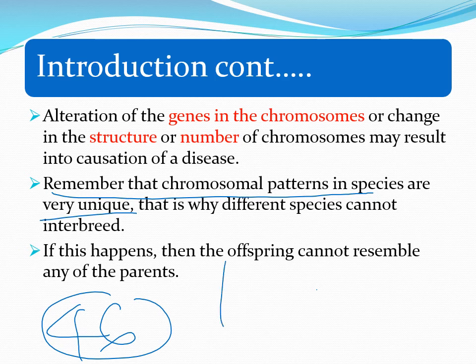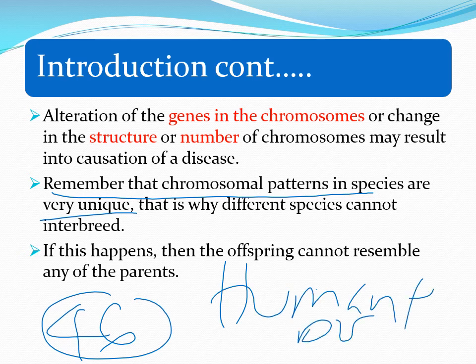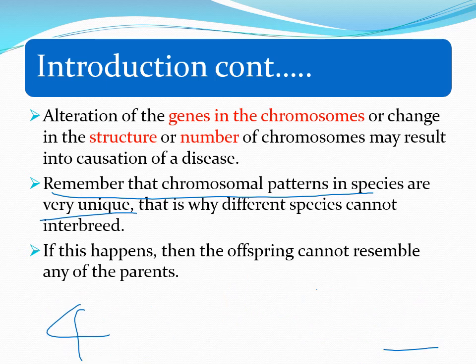For example, a human being cannot interbreed with a dog and give an offspring. Why? Because the dog has a unique number of chromosomes and the human being has a unique number of chromosomes. Even if you force a dog to interbreed with a cow, they will not give an offspring.